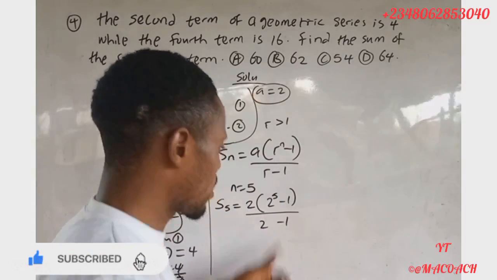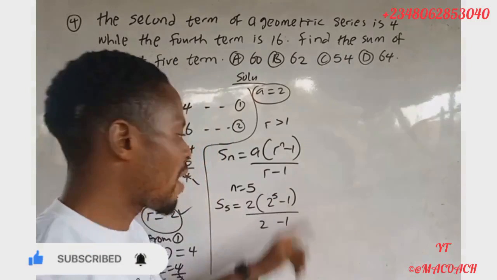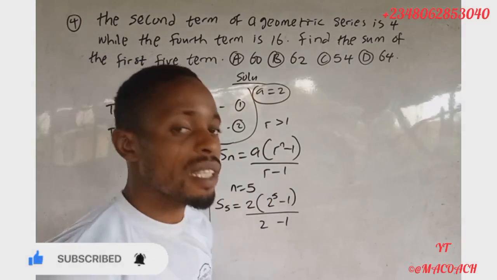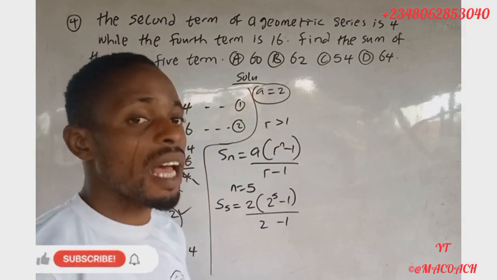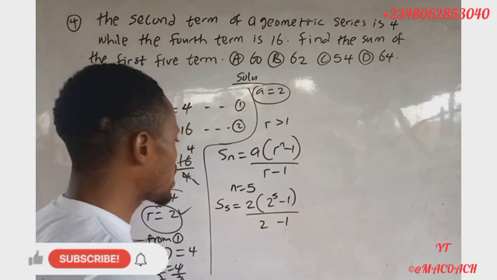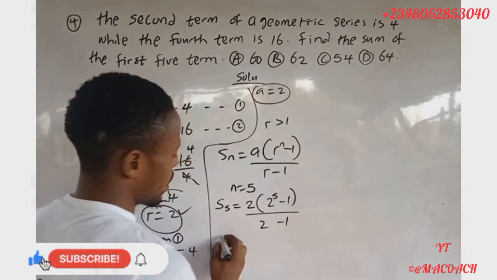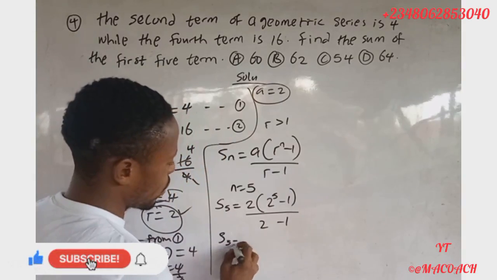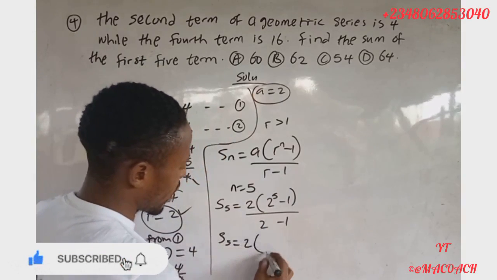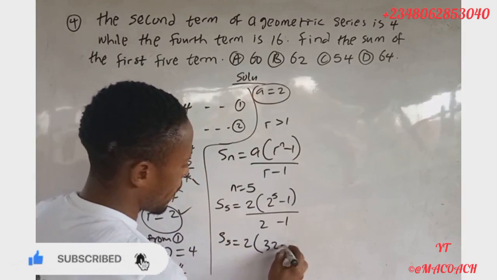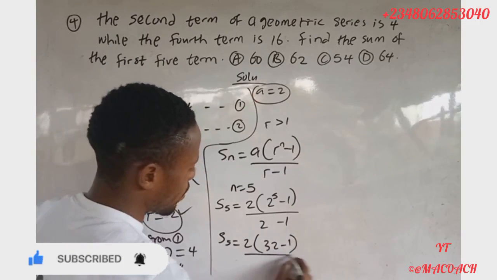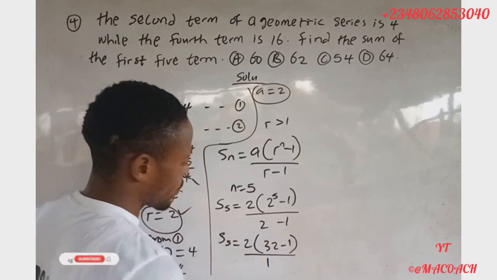So in this place now, let's solve this one first. 2 raised to power 5, that is 2 times 2 in 5 places. 2 raised to power 5 gives us 32. So we have our sum of 5 equal to 2 into bracket 32 minus 1, close bracket, divided by 2 minus 1, which is 1.